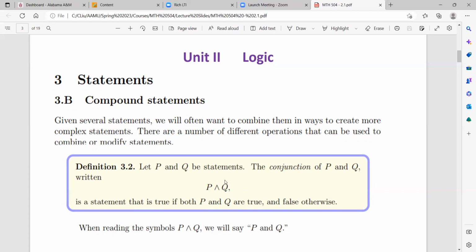So this conjunction has a definite truth value. How do you know if it's true or if it's false? We define the conjunction of P and Q to be true when both P and Q are true, and it will be false if either P or Q is false, or if P and Q are both false. So this is like intersection in the set notation.